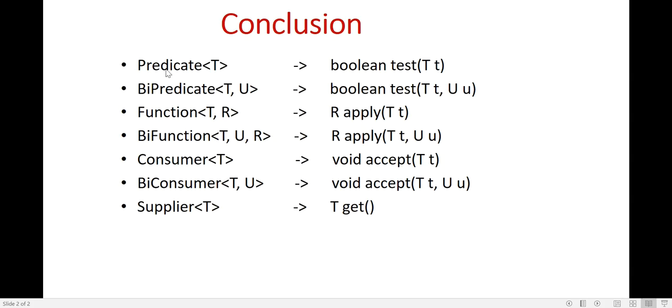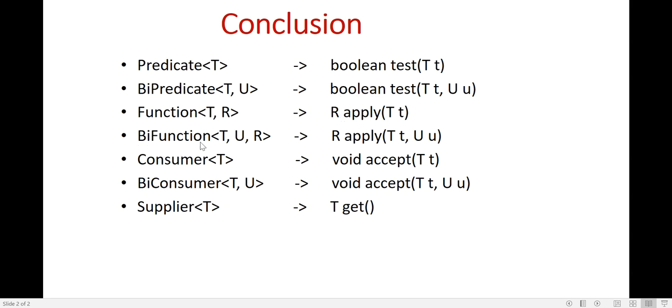So the conclusion is that Predicate takes one input and is supposed to return one Boolean value. On the other hand, BiPredicate, as the name suggests, takes two inputs and is supposed to return one Boolean value. In the case of Function, it takes one input and returns one output of any type.